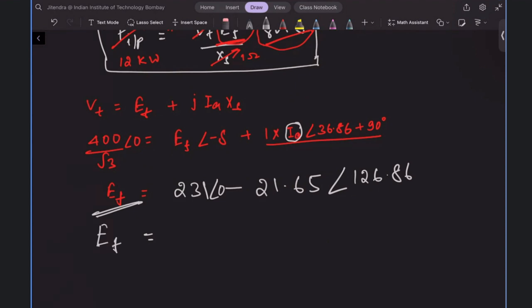So can you calculate this particular phasor or complex value?